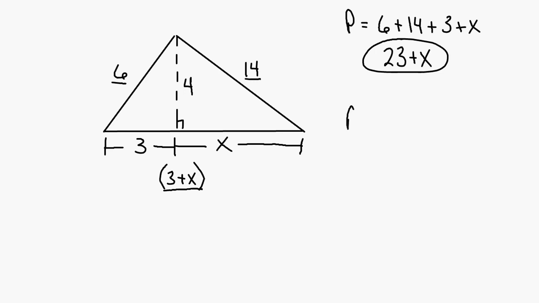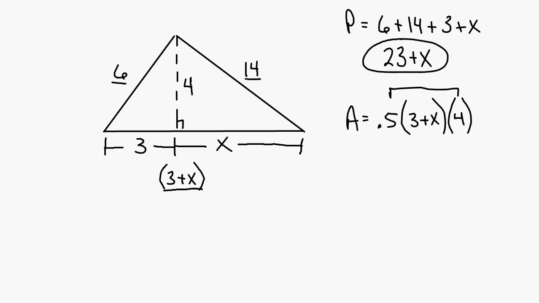The area is equal to 0.5 times the base, which is 3 plus x, times the height, which is 4. Now, you've got 0.5 times 3 plus x times 4. The easiest thing to do here is to multiply the 0.5 times the 4 first, because order doesn't matter in multiplication. And what's 0.5 times 4?